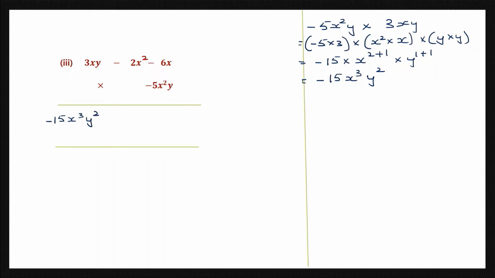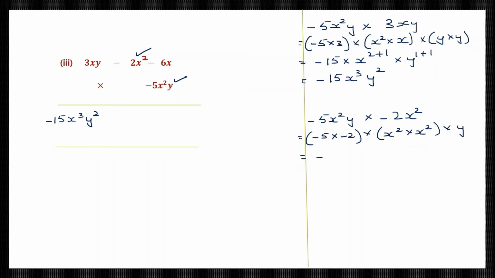So now we are going to take this term and this term. So let's multiply minus 5x squared y this time into minus 2x squared. So again, first the numbers, minus 5 into minus 2. Now let's take the x squared into x squared into y. We have only one y.